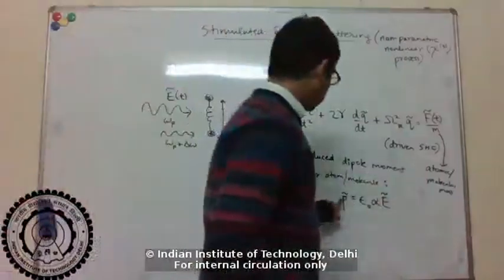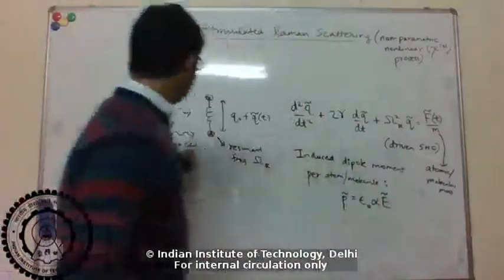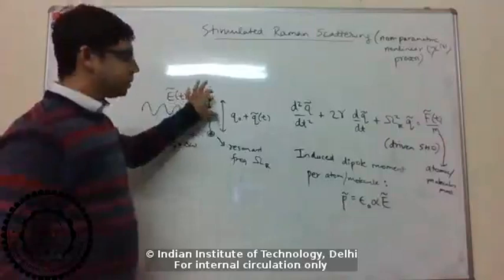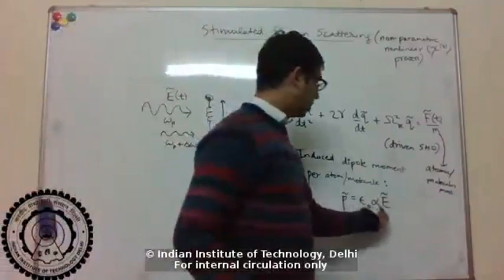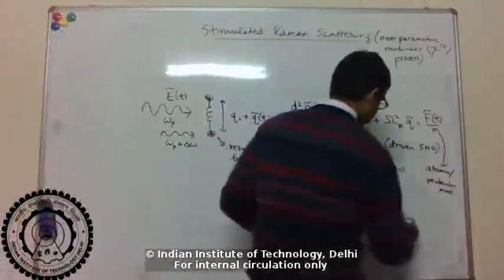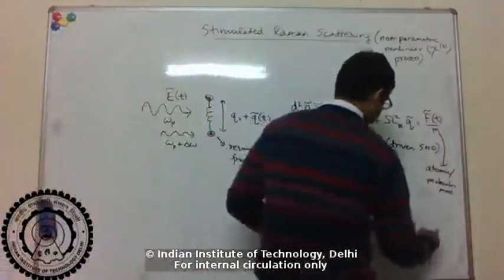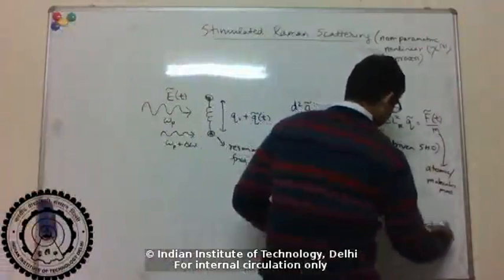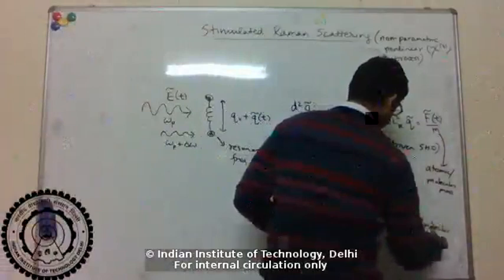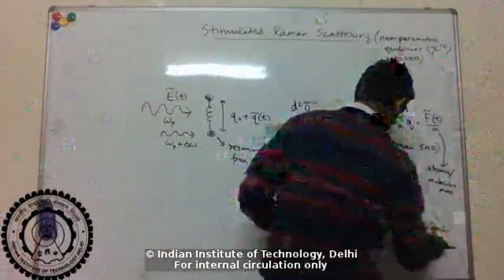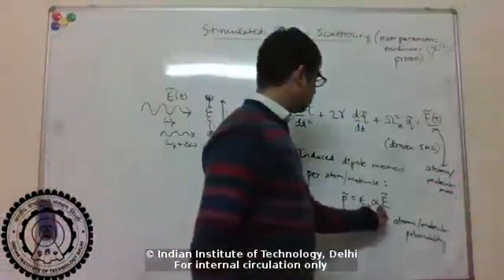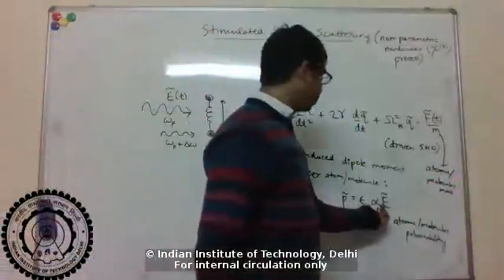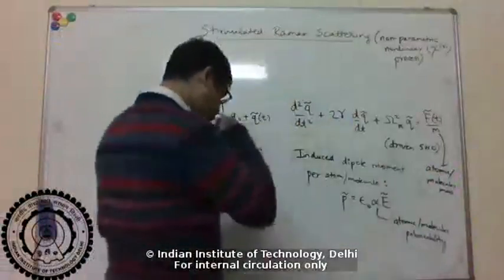Typically the displacement is proportional to the electric field applied, and the proportionality constant here is given by alpha, which is the atomic or molecular polarizability. This is basically the per-atom version of chi 1.